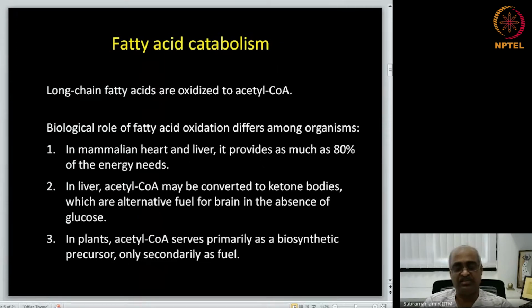And that's the reason liver will produce ketone bodies. And a diet that is completely dependent on this metabolic side path, that is fatty acid as the sole source of energy, because they produce ketone bodies, is called a keto diet.